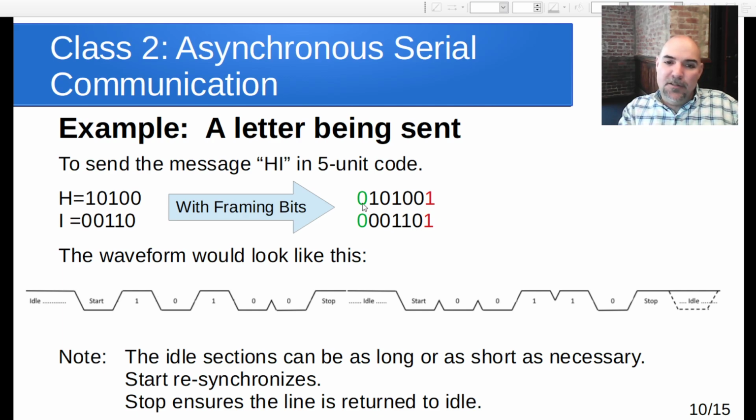I've color-coded those green for start, red for stop. But again, the stop bit does not tell the machine to stop. It ensures that the line returns to high, so the system is ready for the next start bit, and it returns to high for at least 1 bit worth of time.